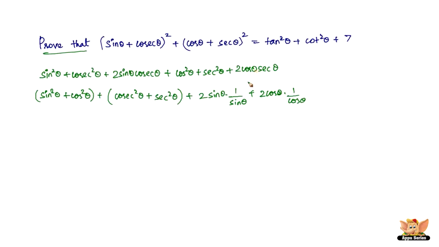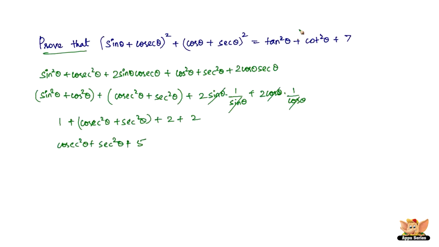So sine theta gets cancelled, cos theta gets cancelled, and we've got 2 plus 2. Sine square theta plus cos square theta is 1, and then we have cosecant square theta plus secant square theta. So we have cosecant square theta plus secant square theta plus 1 plus 2 plus 2, which is 5.